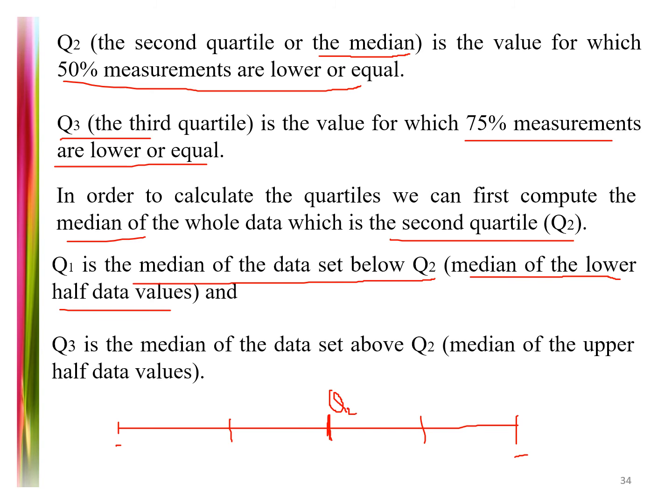Then if you want to calculate Q1, in this case Q1 is equal to the median of the lower half of data. That means the median of this data. Similarly, the median of the upper half of data should be equal to Q3. So this is the Q1 calculation.